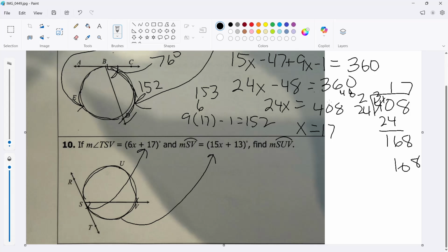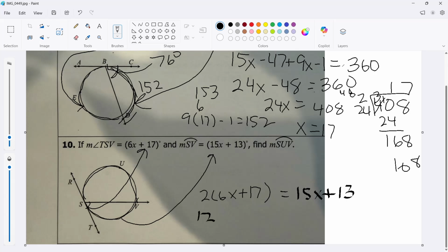Well, I know that that angle is 1/2 of arc SV, or 2 times that angle equals the arc, because it's an inscribed angle. So 2 times 6x plus 17 equals 15x plus 13.